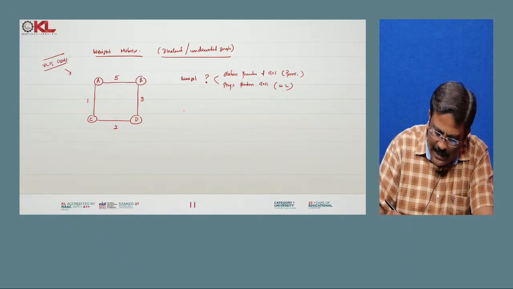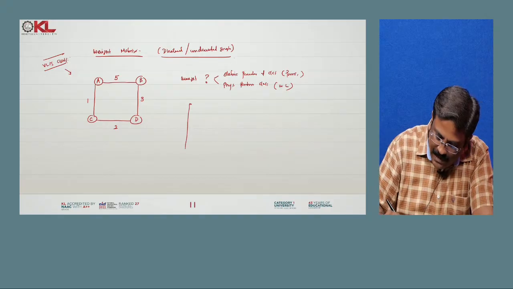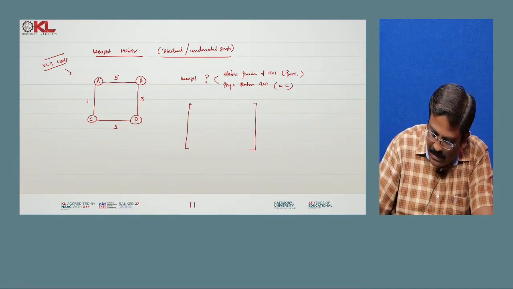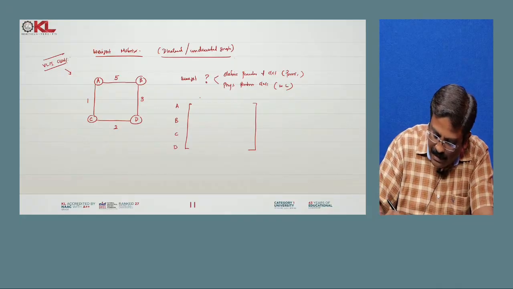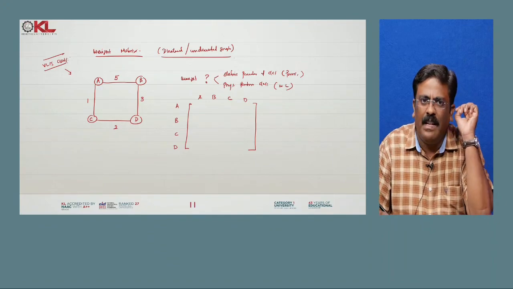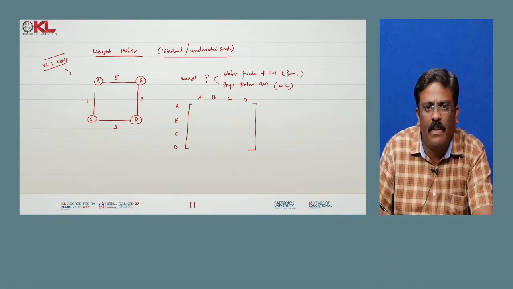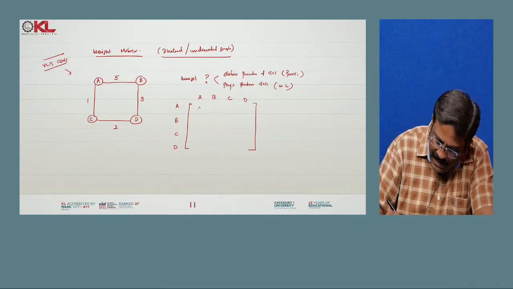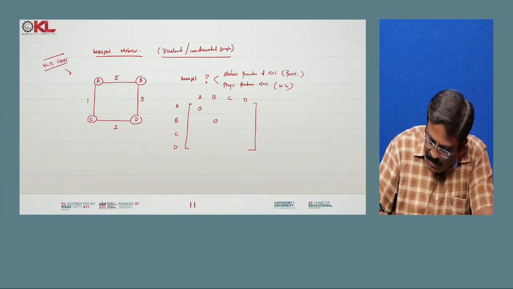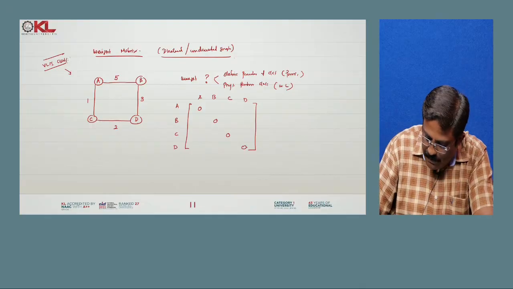Now how can we write the weight matrix here? As in the previous case, we write the matrix with rows and columns A, B, C, D. Since it is an undirected graph and there is no self loop, the diagonal values become 0 because there is no change.